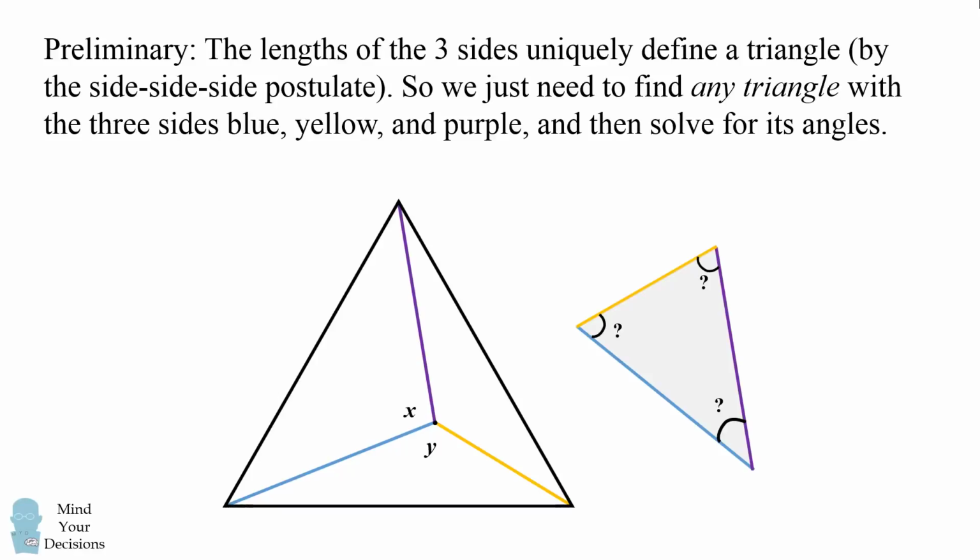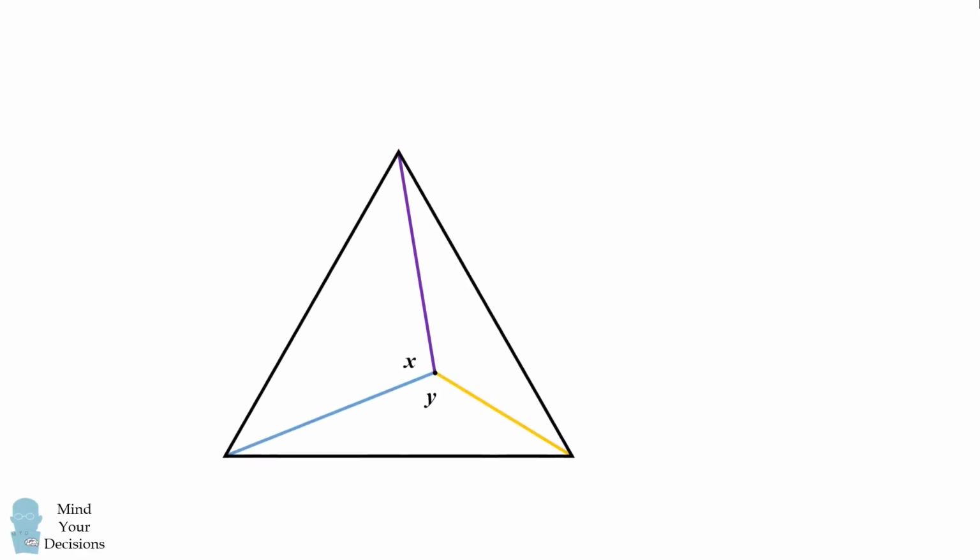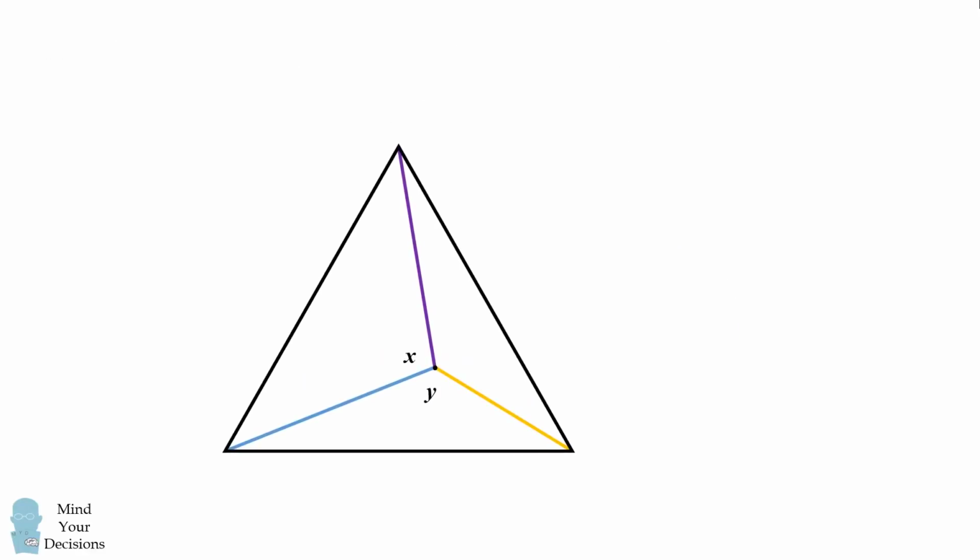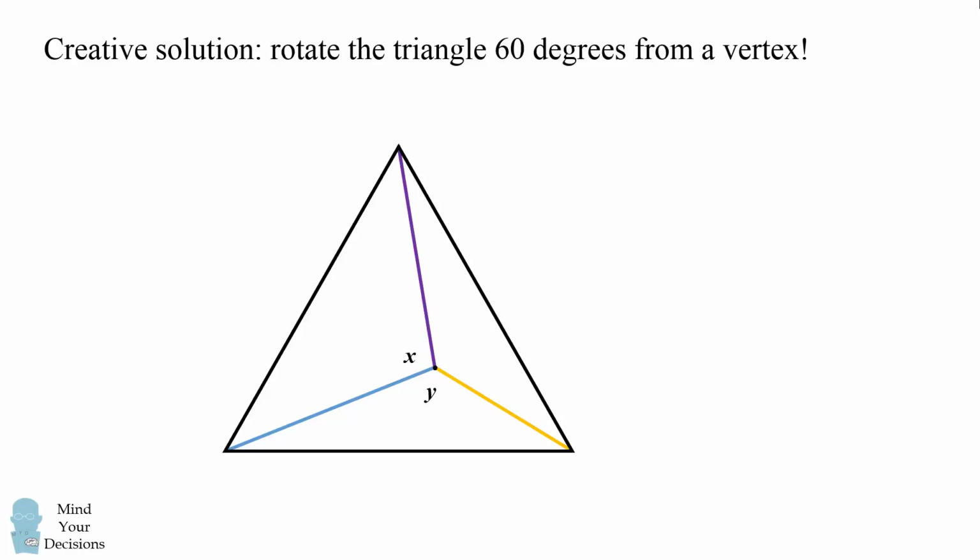Well, let me present to you the ingenious trick. The problem becomes easy if you rotate the triangle 60 degrees from a vertex. So let's imagine rotating this triangle 60 degrees counterclockwise from the bottom left vertex.